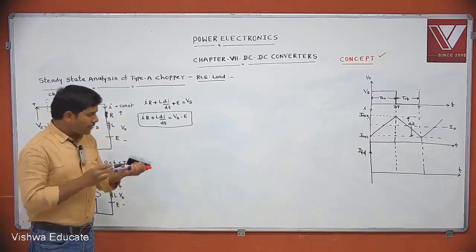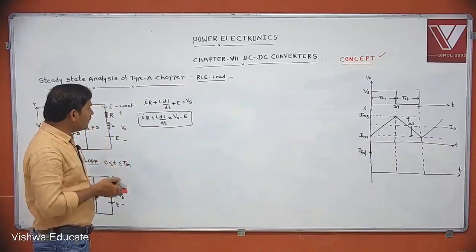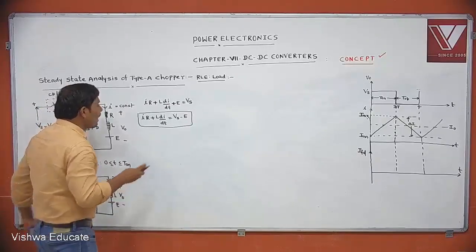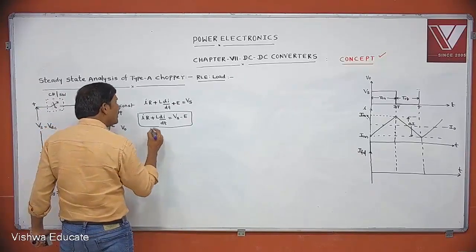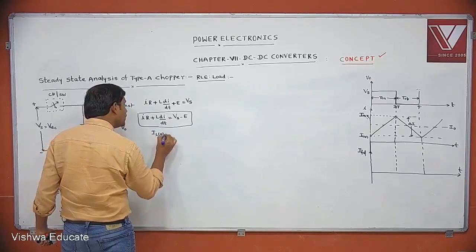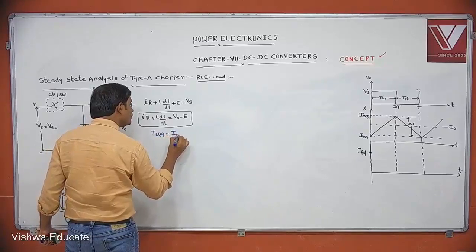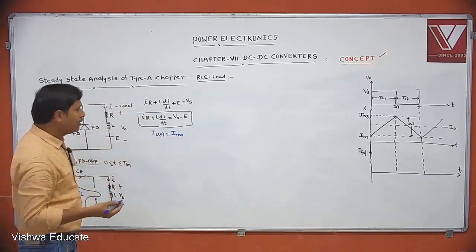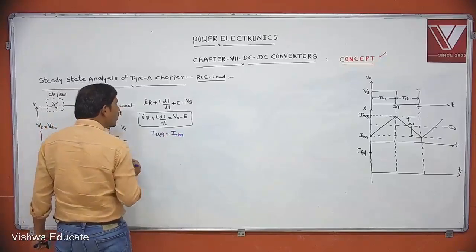I into R plus L into di by dt is equal to Vs minus E. Now tell me, apply Laplace transform. What is the initial current in the inductor? The initial current in the inductor IL of 0 equals I min, when the chopper is on. Then apply Laplace transform on both sides.